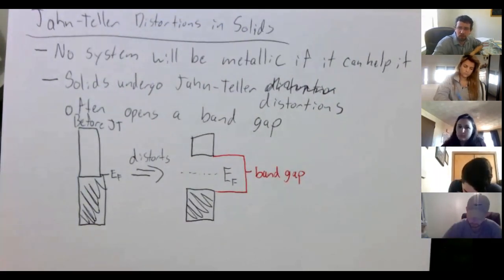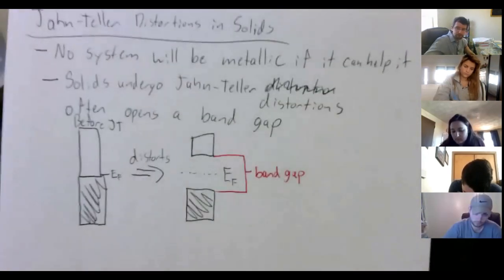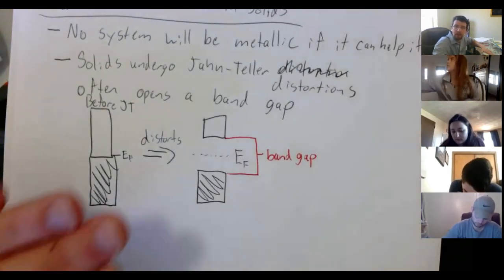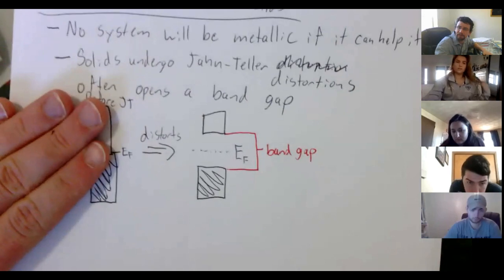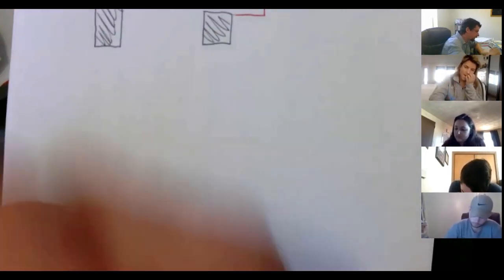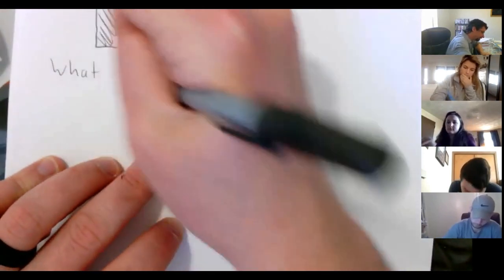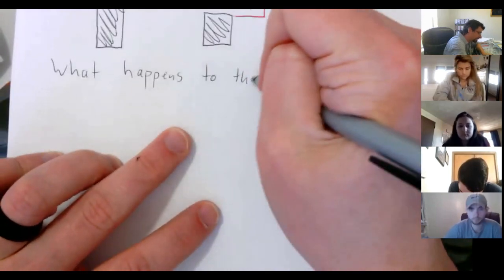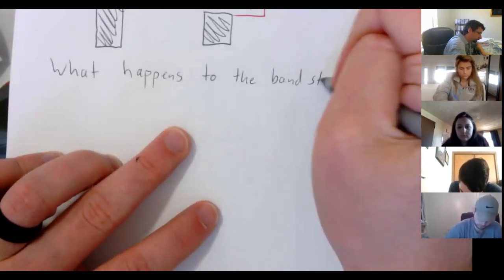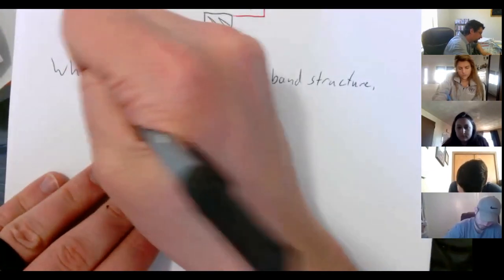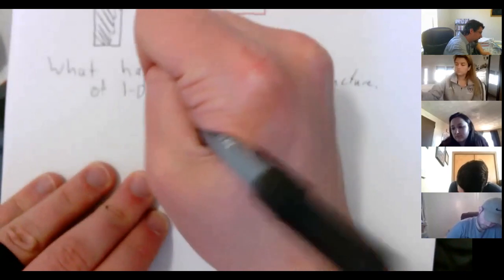So let's hop back to our two-dimensional system. We drew our band structure, and let's see what happens as we let this system distort. Am I okay to move this up? Yeah. So what happens to the band structure of our 1D H chain?